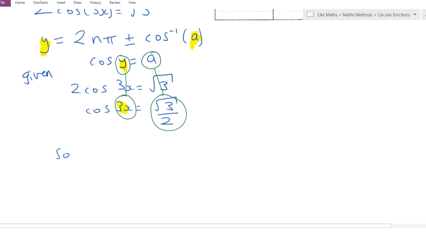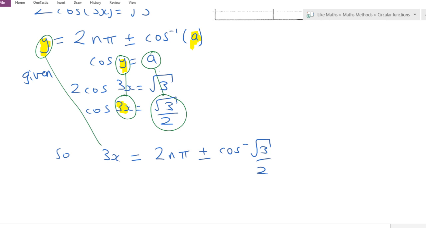So we've got the y is 3x, so we can rewrite that general solution as 3x equals 2n pi plus or minus inverse cosine of root 3 over 2, because what I've done there is said that that thing is that, and obviously that thing is that.